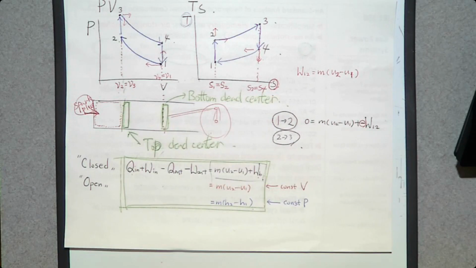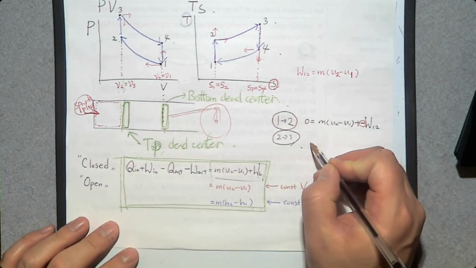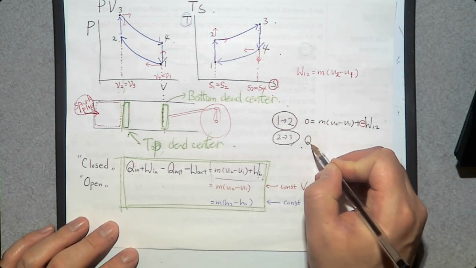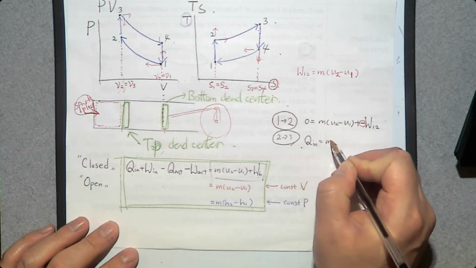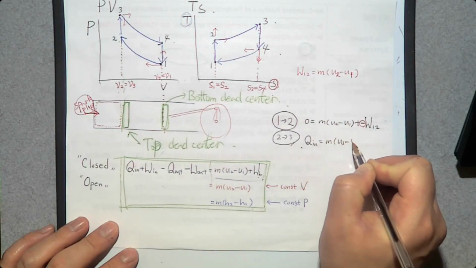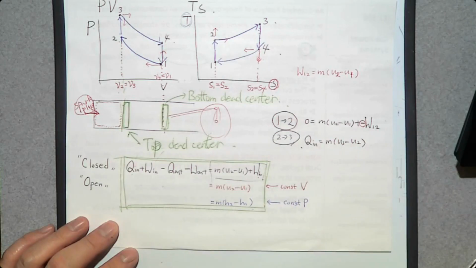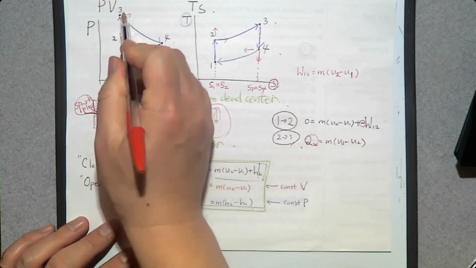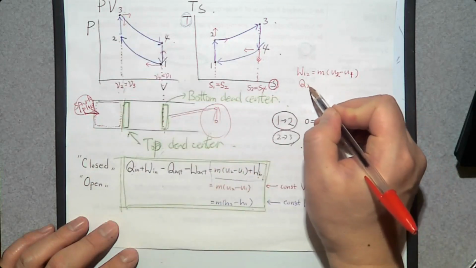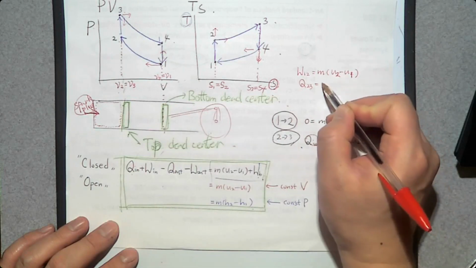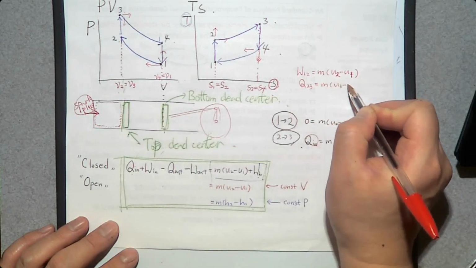So Q in is mass times U3 minus U2. Let's say this Q in is between 2 and 3. So Q23 is mass times U3 minus U2.